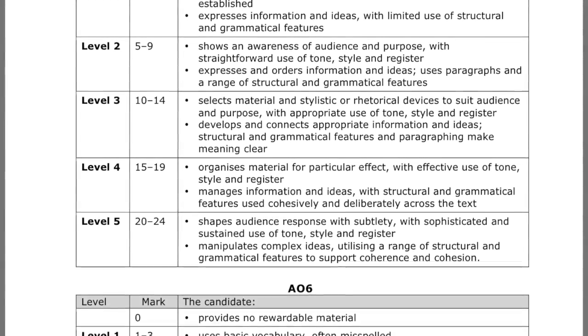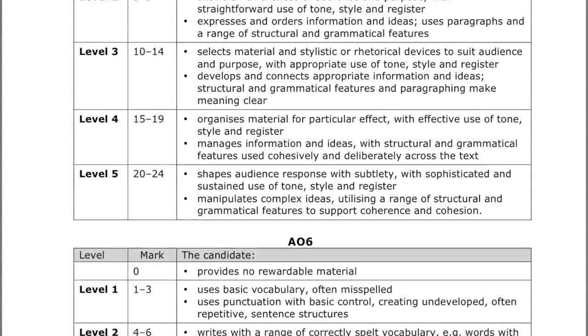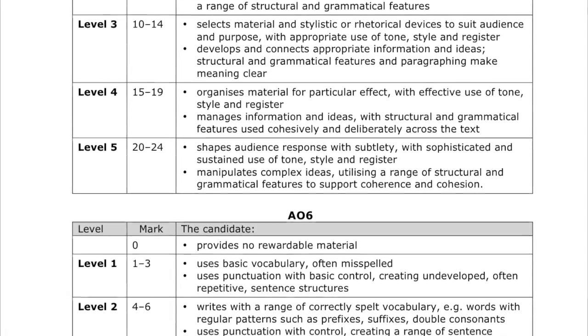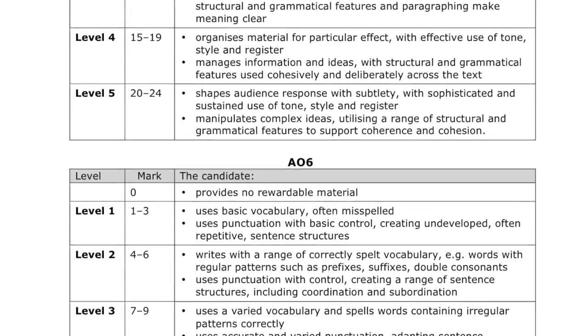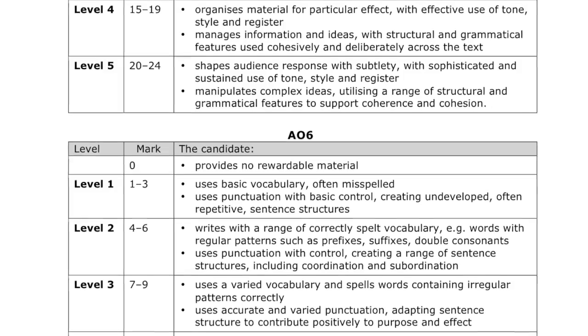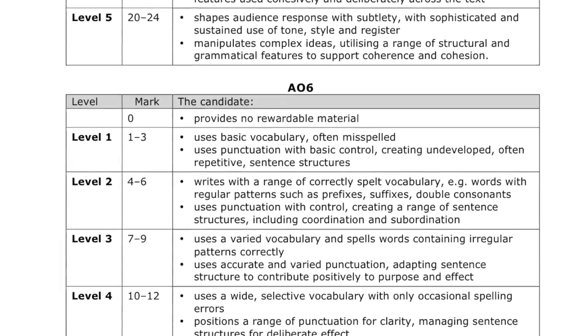So I'm trying to aim for what I did. But AO6 looks at the vocabulary you've used, and the punctuation. You need to use varied vocabulary to get to a level 3 and use fairly unusual language.